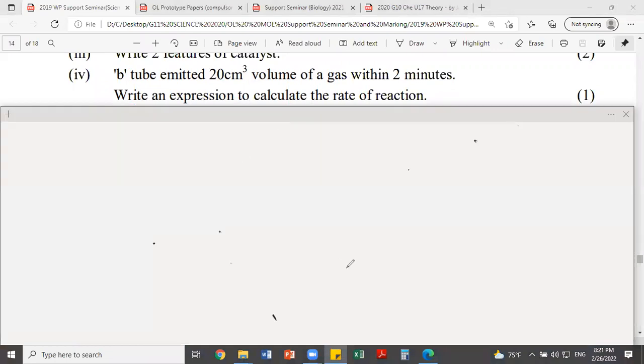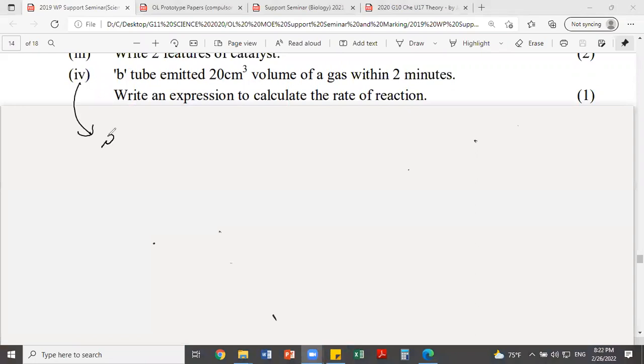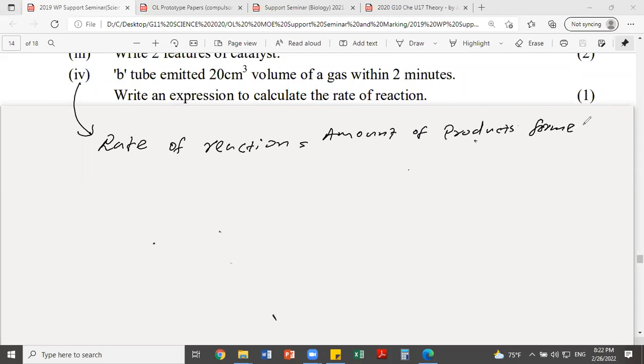Rate of reaction equals amount of products formed over time taken. That means amount of change over time taken. It can be reactants or products over time taken.